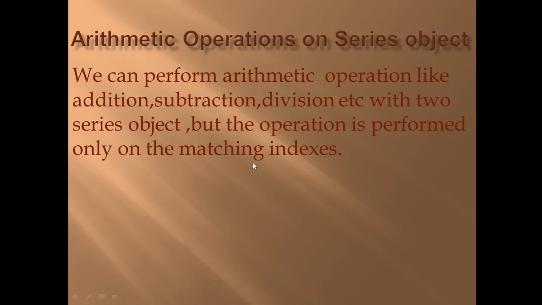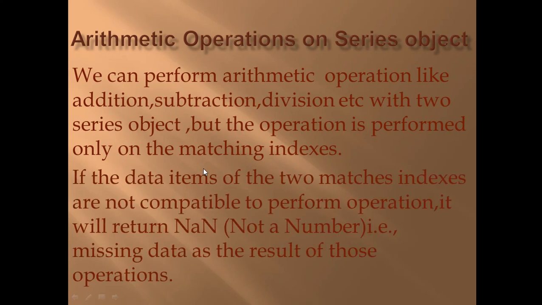Arithmetic operation is performed only on the matching indexes. If the elements at the indexes of the two series are not compatible to perform the operation, it will return NaN, that is missing data, as the result.